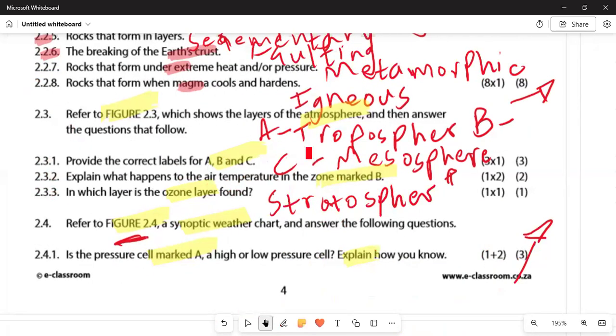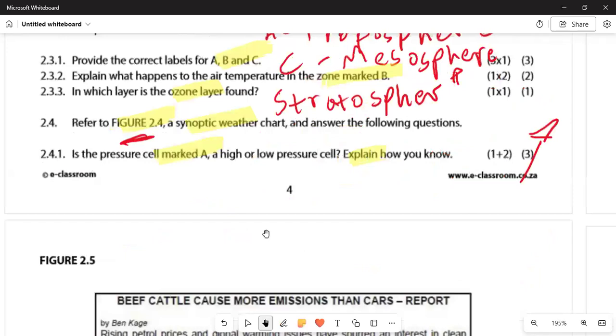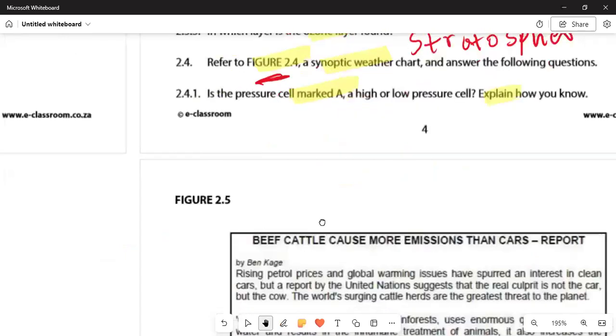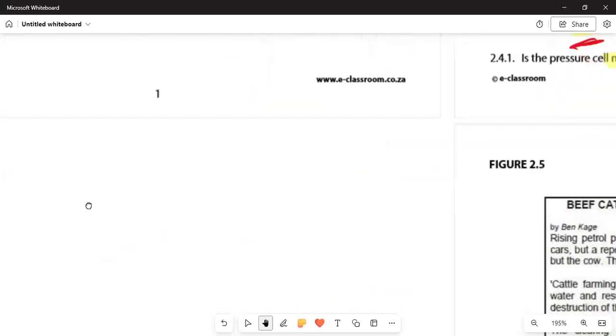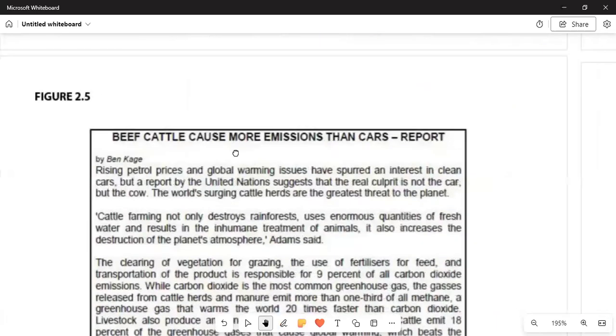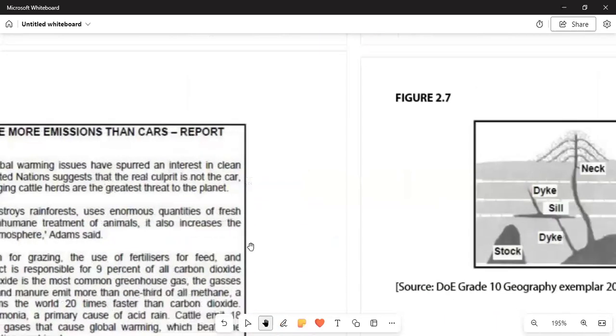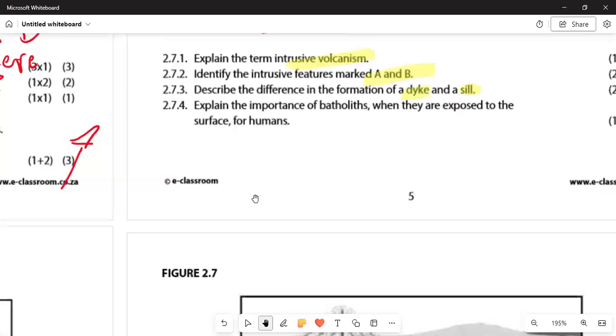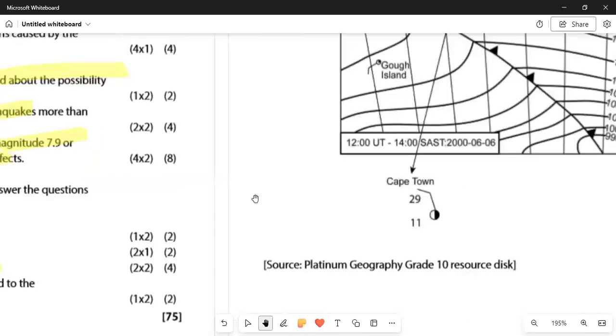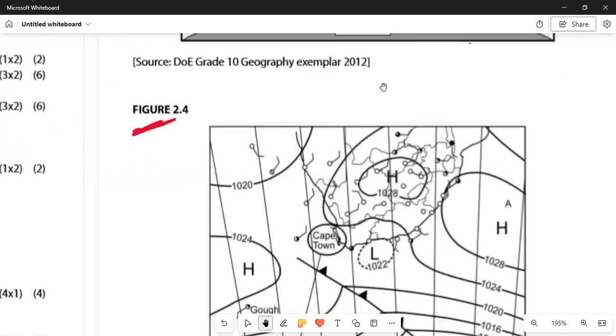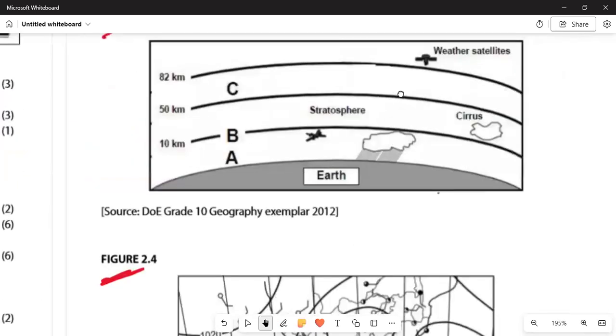It says figure 2.3, which shows the layers of the atmosphere, and then answer the following question. So I want us to go to 2.3 so that we see the structure that we are talking about. We must foresee the structure before we can even try to write any answer.